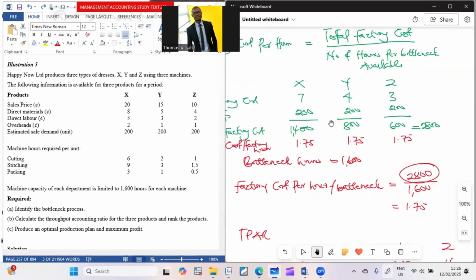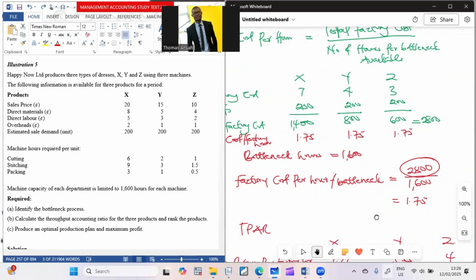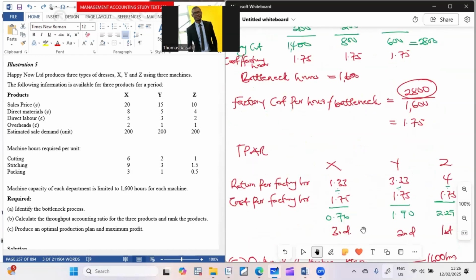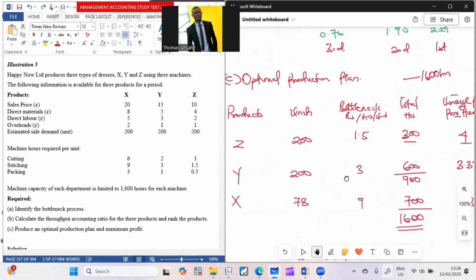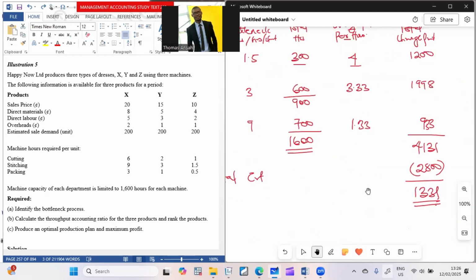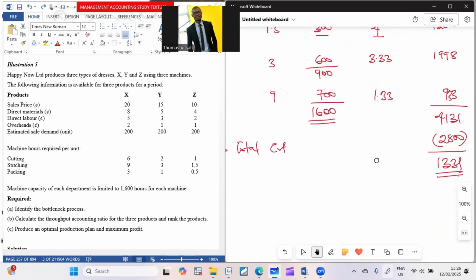Per what you have here, you will need 2,800 hours, but you are limited to this. So per the bottleneck gives this, you can now calculate your throughput ratio, rank them, use it to determine your optimal. All right. So basically, that is that. Even in terms of the optimal, you just have to be subtracting, then you end up with this. All right. So basically, that is that.